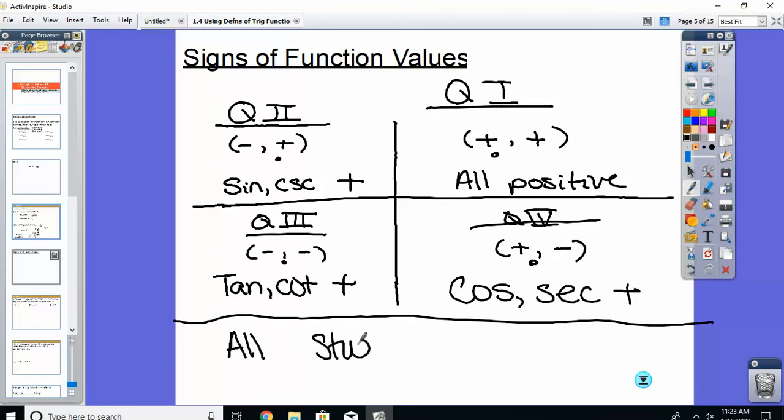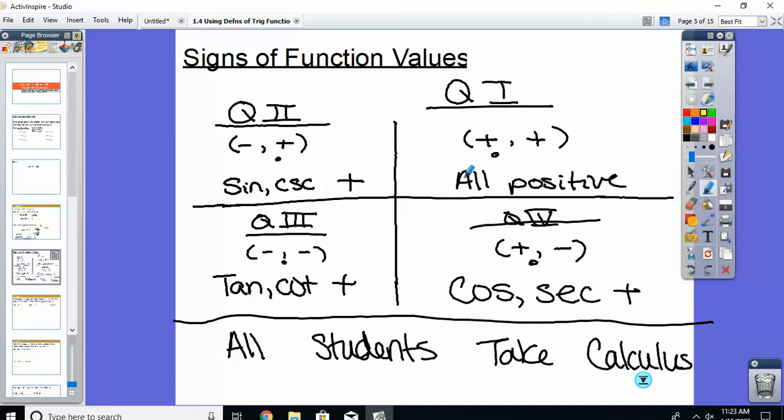So here's a trick to help you. All students take calculus. In quadrant 1, they are all positive. In quadrant 2, sine is positive, so its reciprocal too.